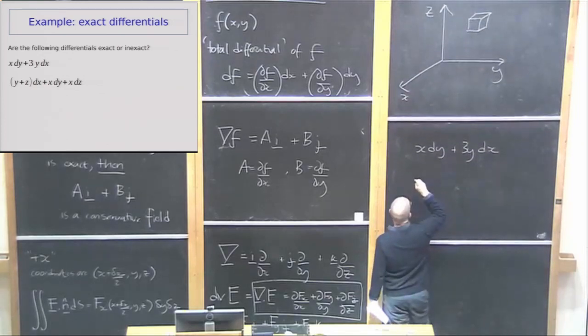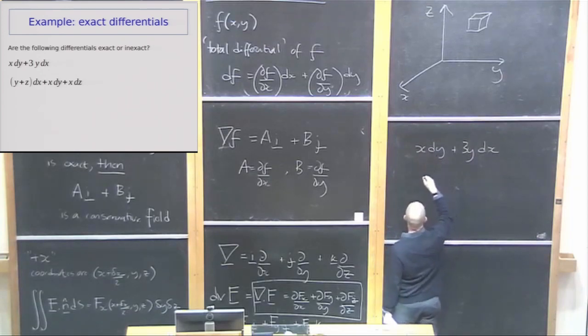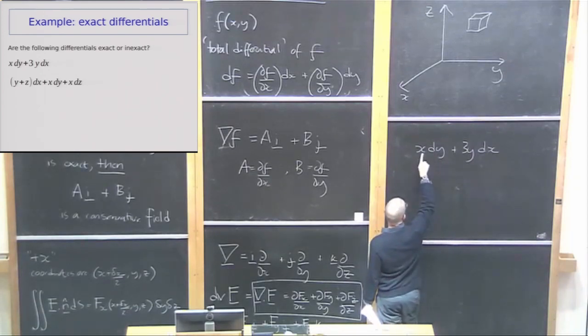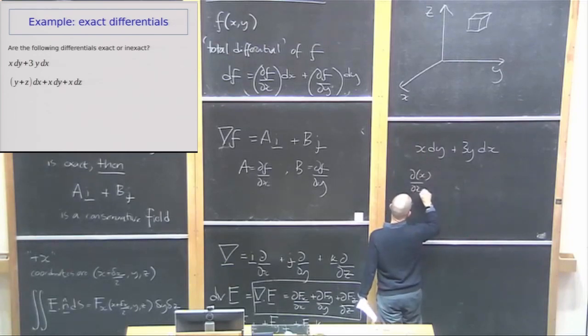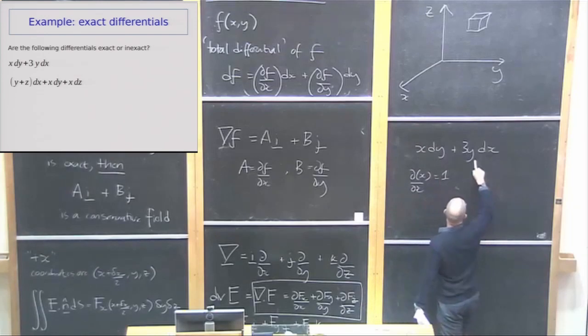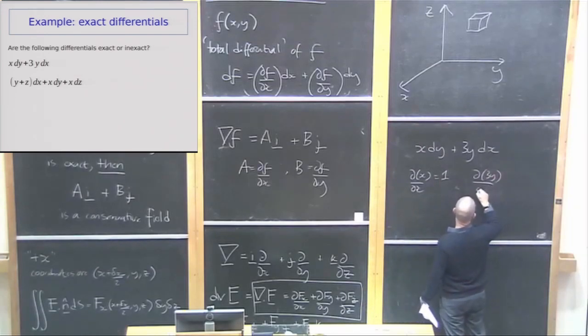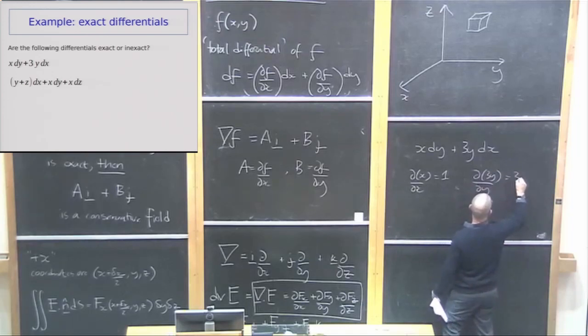So, that's the y term, so that must be some df by dy. So I want to take the derivative of this with respect to x. So d by dx is 1. And then this I do with respect to y. D by dy of 3y equals 3.